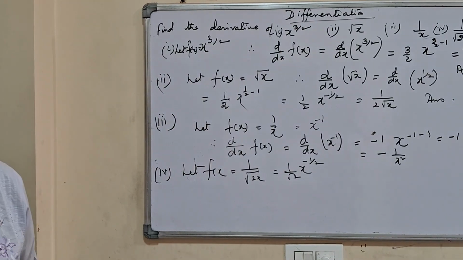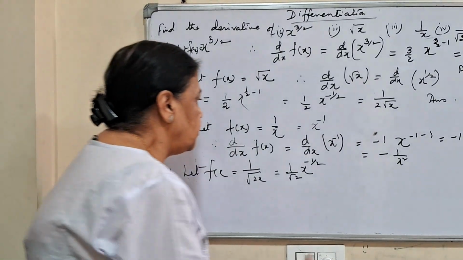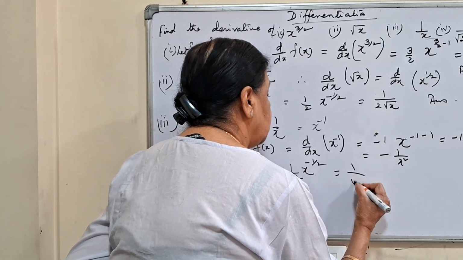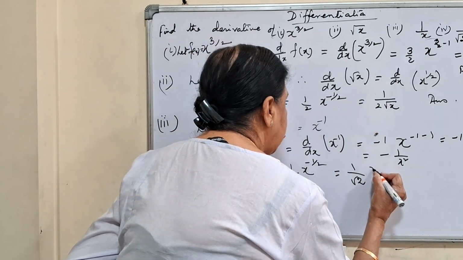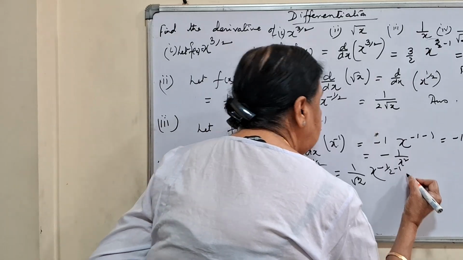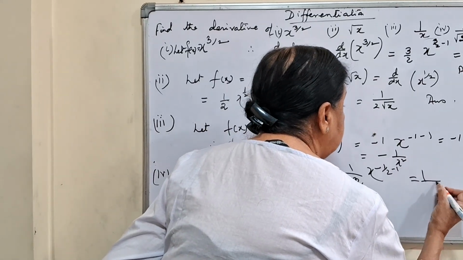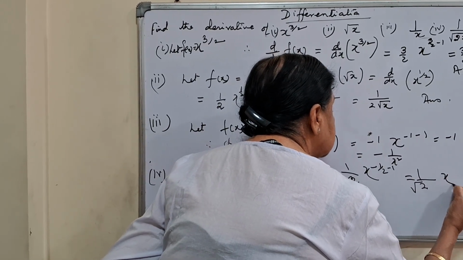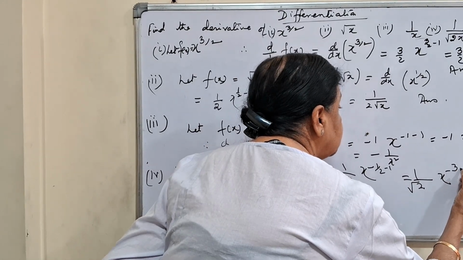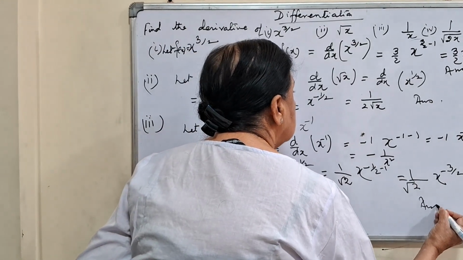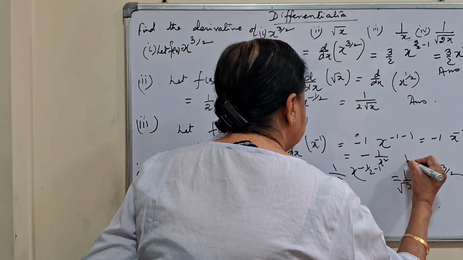So this is equal to 1 by root 2 into minus half x raised to the power minus half minus 1, that is equal to minus 1 by 2 root 2 x raised to the power minus 3 by 2. This is the answer.